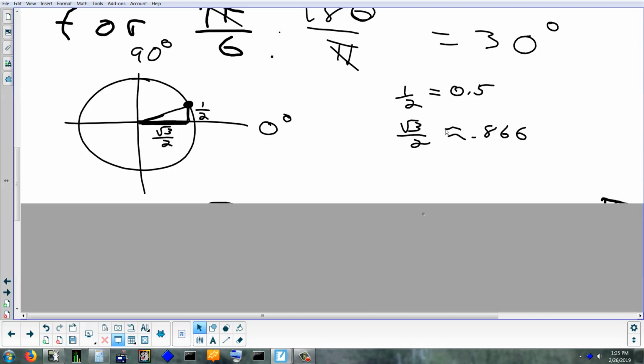Y. So this is my X, this is my Y. Without having to memorize which one comes first, I just looked at the picture, and I just know the big side is always root 3 over 2, the short side is always 1/2. That's how I always remember it. So your coordinate, root 3 over 2, comma, 1/2.